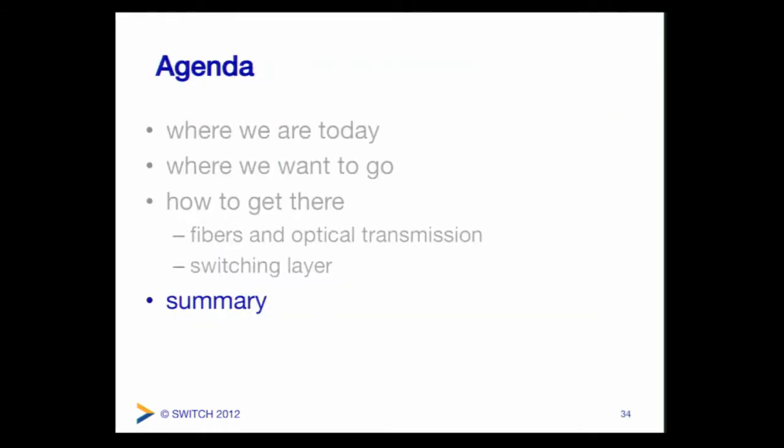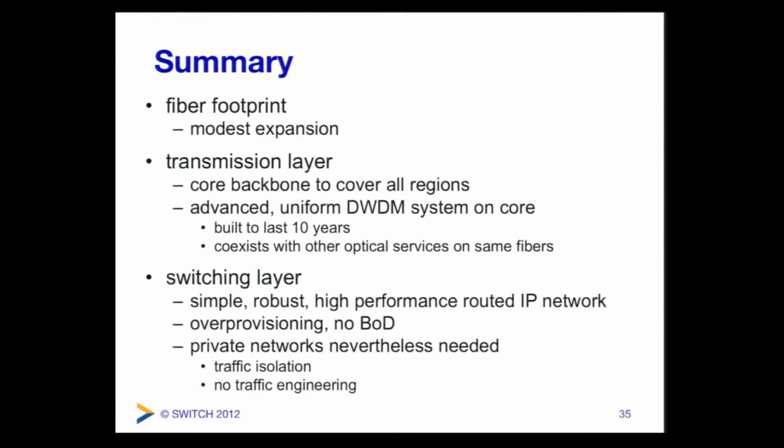This brings me to the summary of the talk of Felix and myself. You have seen we will rebuild our network. There will be only a modest expansion of the fiber footprint, mainly a third high performance link over the Swiss Alps. Then we will completely replace the transmission layer, the core backbone. We will put in a new DWDM system.